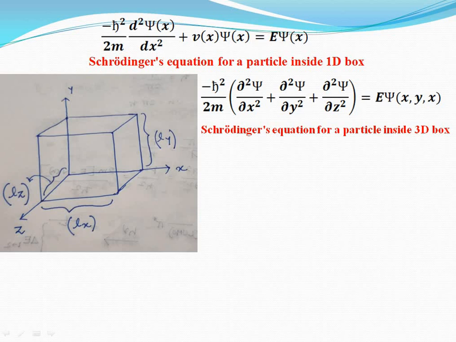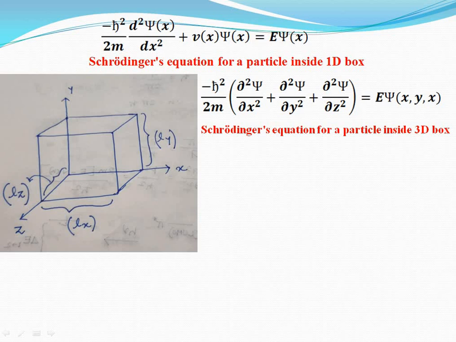So this is the modified Schrodinger's equation for a particle inside a three-dimensional box. Here you can see that instead of using the second derivative with respect to x, we have to take the second partial derivative with respect to x, y, z, as this box is three-dimensional along these three axes.